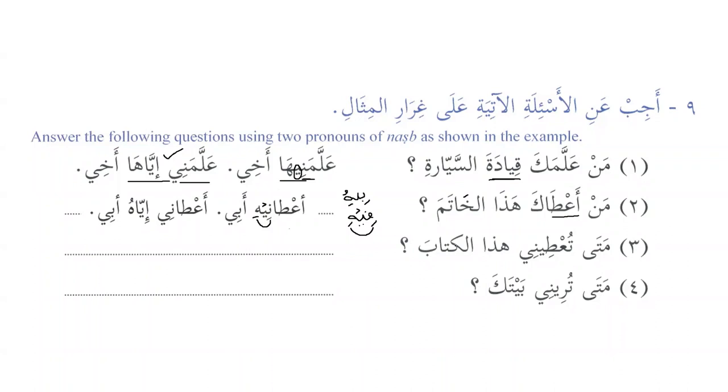Okay. متى تعطيني هذا الكتاب؟ When will you give this book to me? I will give it to you, let's say tomorrow. سأعطيك I will give it to you. سأعطي أعطى يعطي ها سأعطيكه.